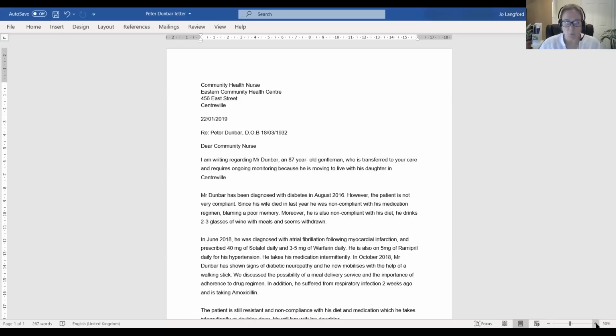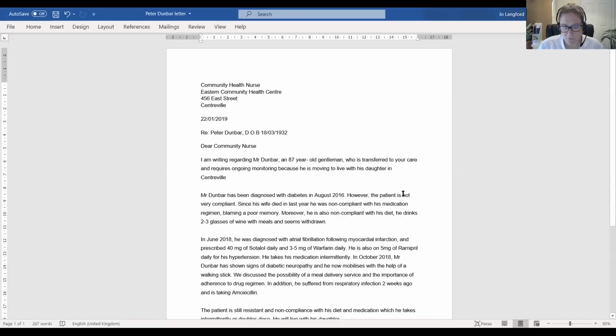When I get my students' letters and when people send letters in for our correction service, this is the kind of thing that we do. We go through, we look at the letter as a whole, we correct all the grammatical errors, and we give feedback on how to improve or why we suggested something particular.